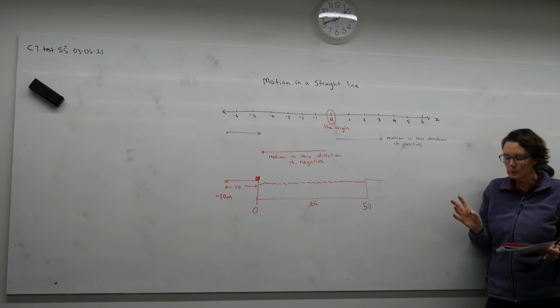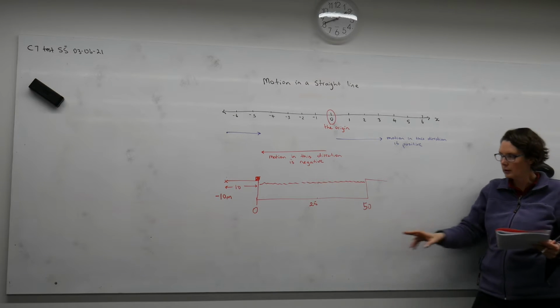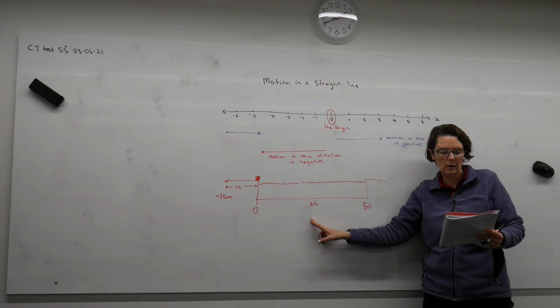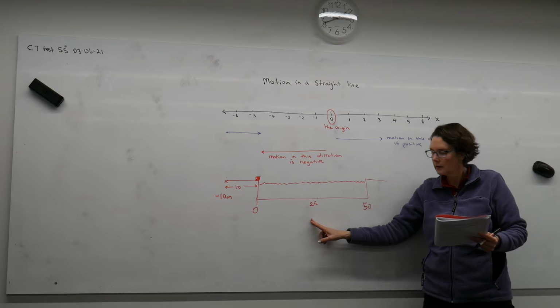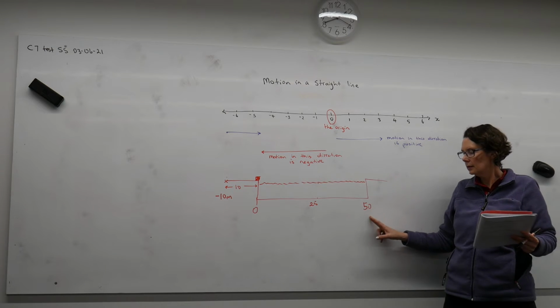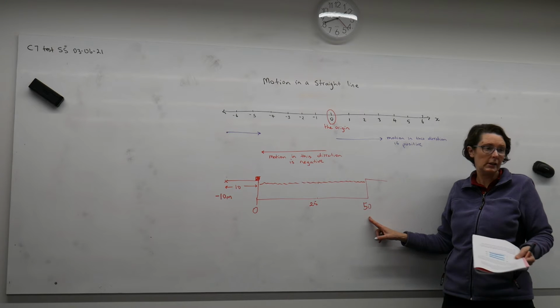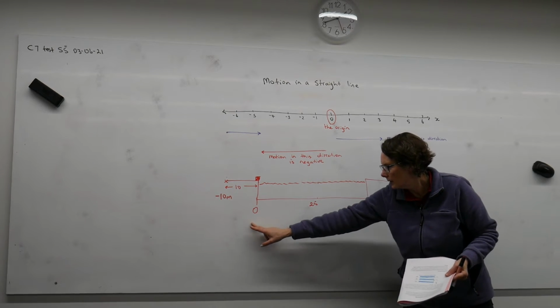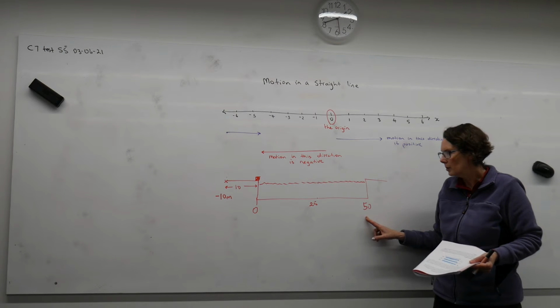So she's plus 25 metres from the origin when she's here. If she swims the full length of the pool, then she's here. Okay? And so this would be plus 50.